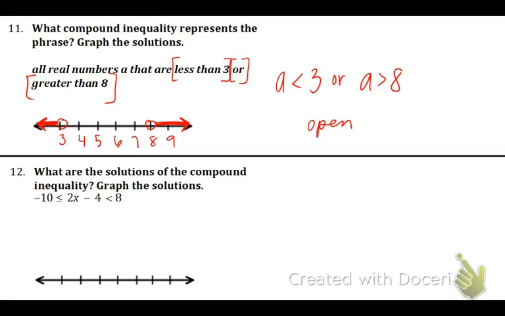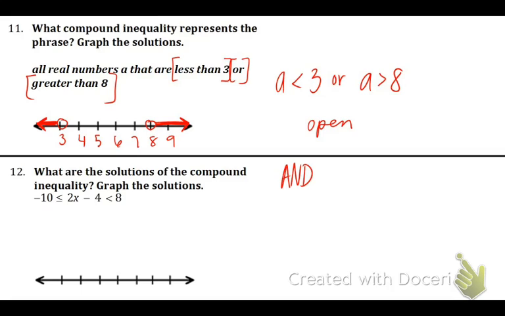Okay. In number 12, very similar, we need to graph our solutions, but this time we're given the inequality and we need to just get the x by itself. So this is an and inequality because the x is stuck in the middle, so that means our graph is going to be like an overlap.